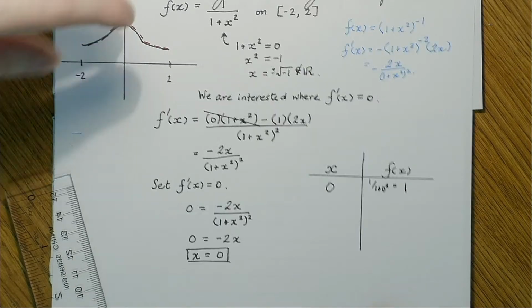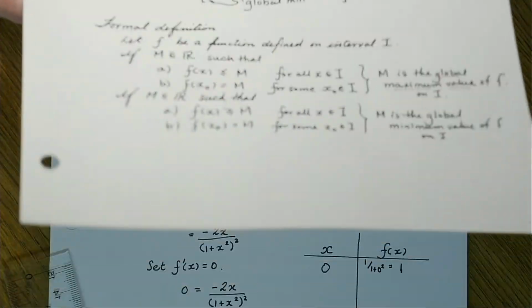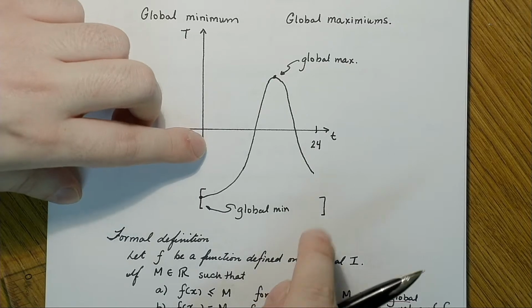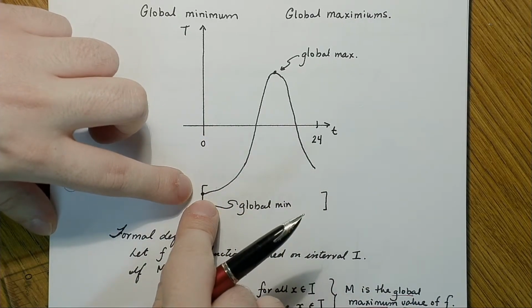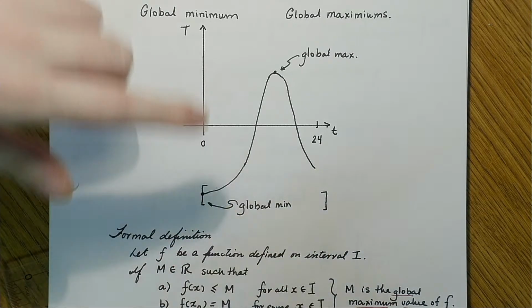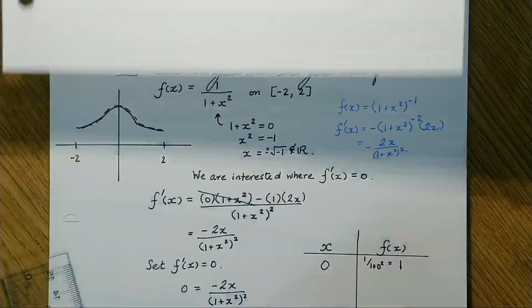But I made this a little bit longer. The reason for that is, just remember, I'm on my closed interval. And just like before, I actually had a case where the global minimum or global maximum ended up being on the endpoint. So what we also need to do is test the endpoints.